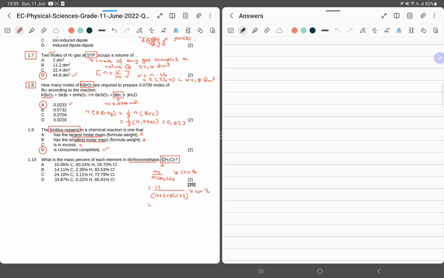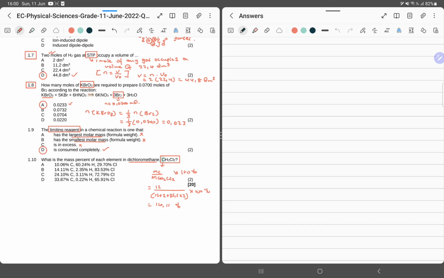We've got 12 divided by 12 plus 2 plus 35.5 times 2, and that we multiply by 100. So I'm getting 14.11 to 2 decimal places. Maybe let's leave it here.